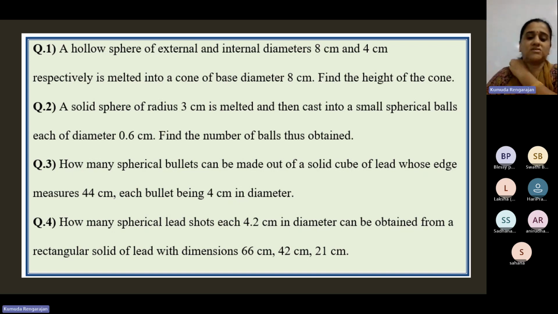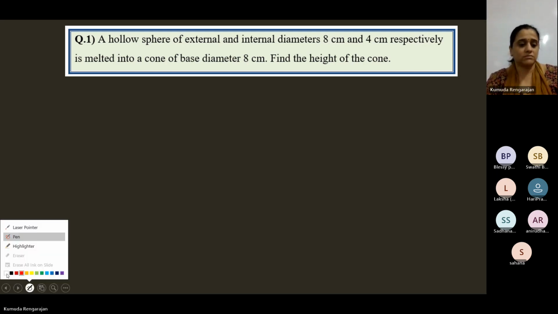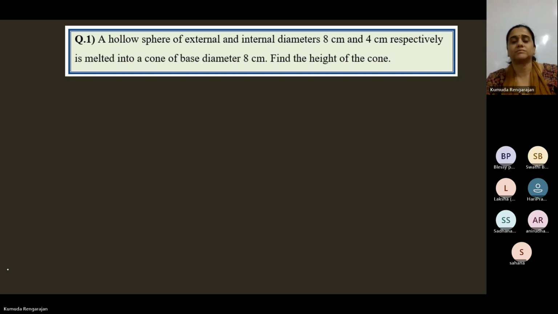Yeah, so all these are similar questions. Now, most of you have not completed, and those who have completed also will be a revision for you. Do this. Read the question and tell me. What are the two solids in the question?